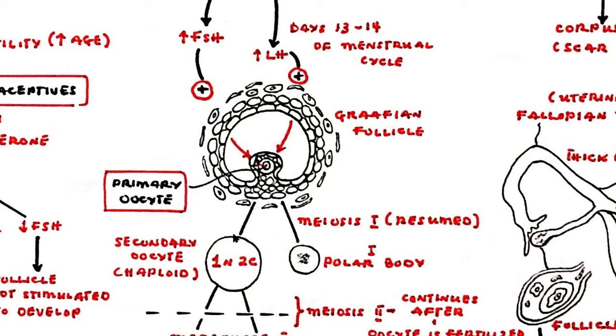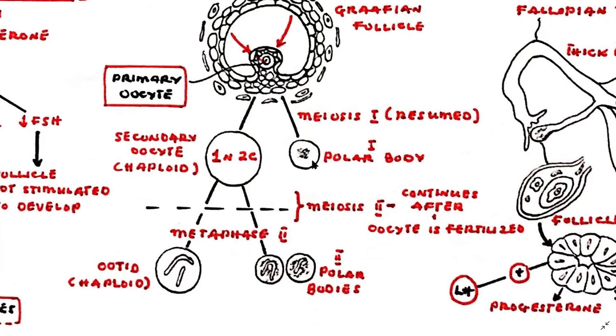Now, when the oocyte divides, it forms one large cell and one smaller remnant of the division known as a polar body. At the end of meiosis 1, the oocyte has become a secondary oocyte.